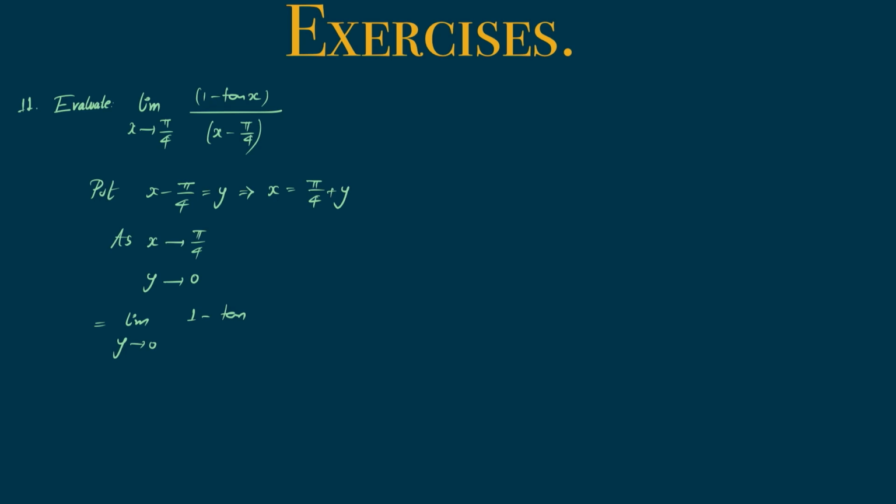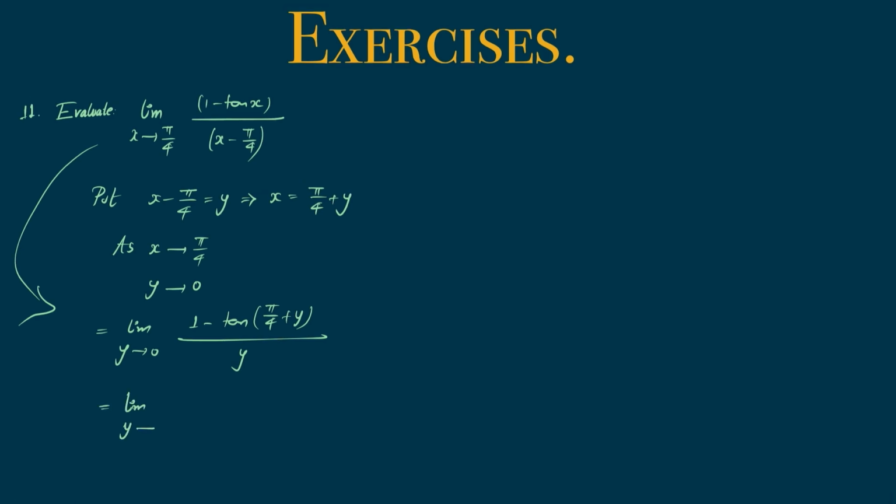So let me replace x with pi by 4 plus y, and the whole thing divided by y, since this portion I have written as y. So after replacing the value, my question looks somewhat like this.